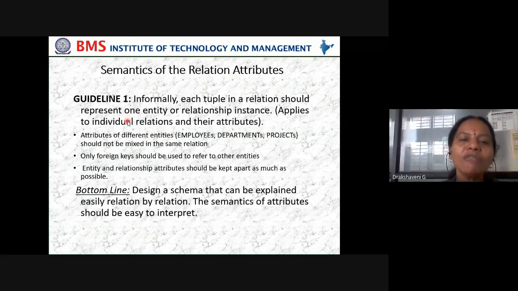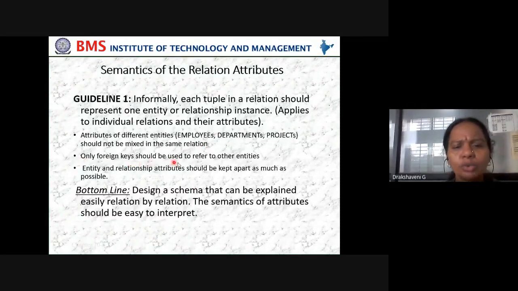So what it says, informally, is that each tuple in the relation should represent one entity or relationship instance. It applies to individual relations and their attributes. Attributes of different entities, that is employees, departments, projects, should not be mixed in the same relation. Only foreign keys should be used to refer to other entities.